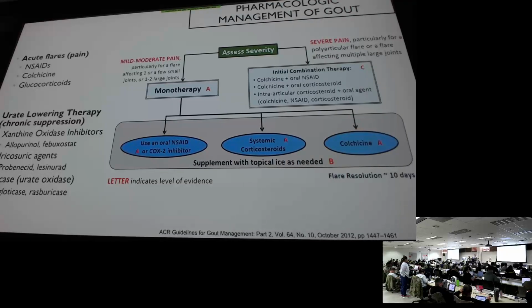So basically any combination of the acute flare pain treatment modalities on the top left can be combined if it's severe pain, or multiple joints are involved, not just one, but multiple joints affected for your patient. And then based on the criteria we're going to define, there are 3 different classes of medications for chronic lowering of the serum urate, urate lowering therapy. We'll talk about each of those, the indications, and why we use some drugs over others.